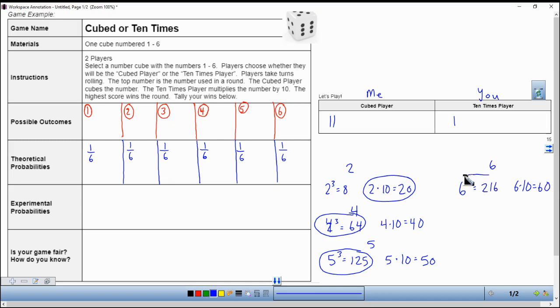So I win. So every time there's a 4, 5, or 6, it looks like I win, which is nice for me, I suppose. Now I'm going to keep track of how many of each number we get. We had 1 two, 1 four, 1 five, and 1 six so far. I'm just going to keep track over there.